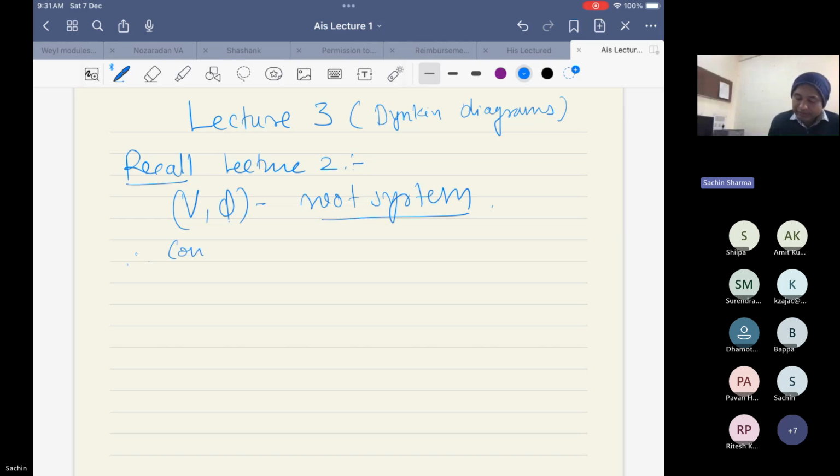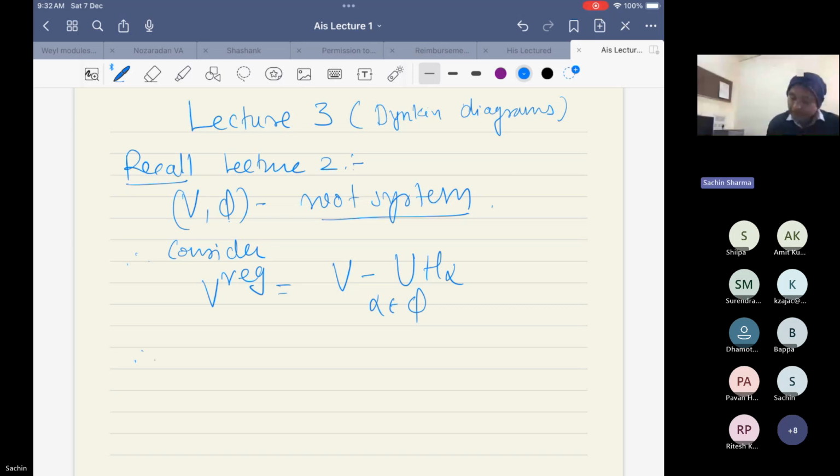Then V regular is nothing but V minus the union of all H alpha, alpha belongs to phi, the complement of the union of hyperplanes.